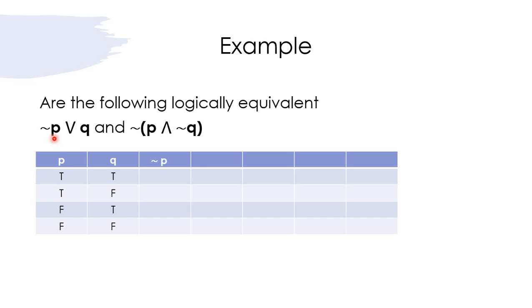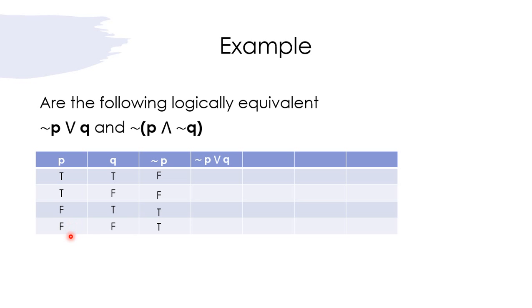Remember, not P is the negation of P, and it will take the opposite truth value of P. So here P is true, that means that not P will be false. Similarly, we'll have false, true, true. So it takes the opposite truth value of these.